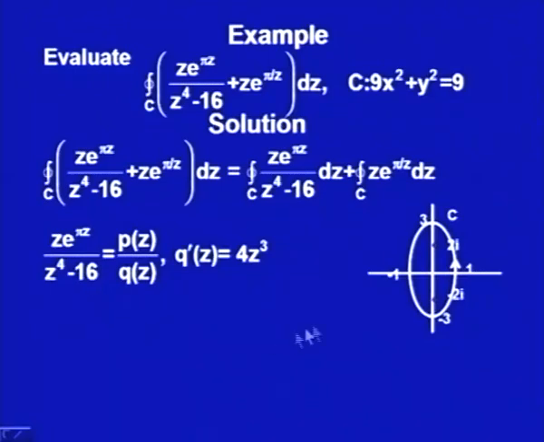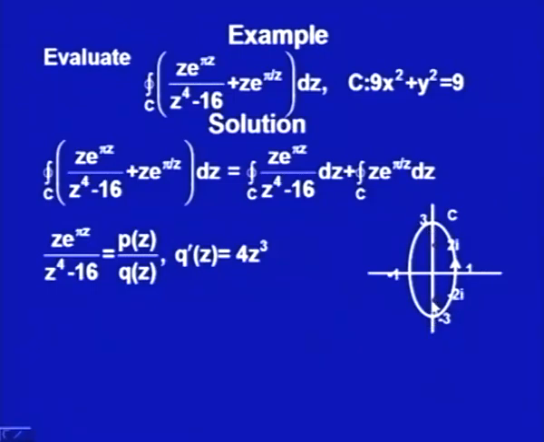Plus minus 2 means is on the real axis, minus 2 and plus 2. Certainly, those points are outside this given contour. Then we do have another isolated singularities plus minus 2 I, that means minus 2 and plus 2 on the y axis. So, minus 2 and plus 2, since on the y axis this contour is ranging from minus 3 to plus 3.